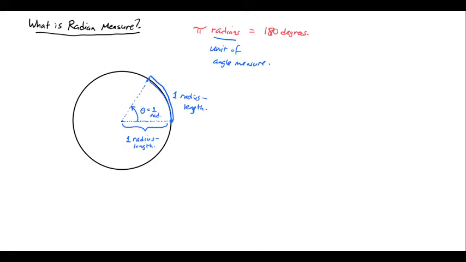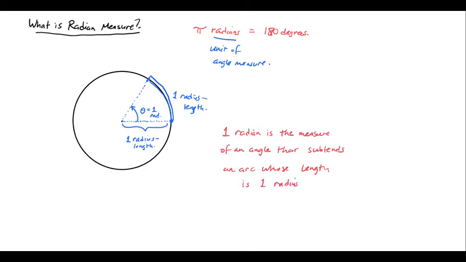So just to summarize, 1 radian is the measure of an angle that subtends an arc whose length is 1 radius length. That's what 1 radian is.